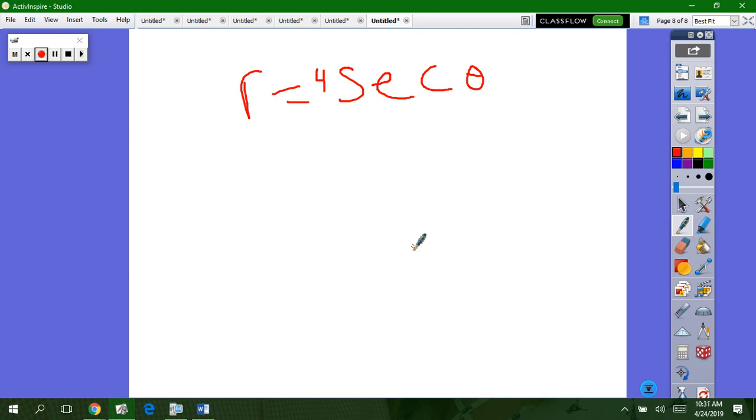Okay. So I want to put it in x and y's. So what I'm going to do is, well, this means 4 over cosine. Would you guys not agree with that? Secant's just another way to say 1 over cosine.